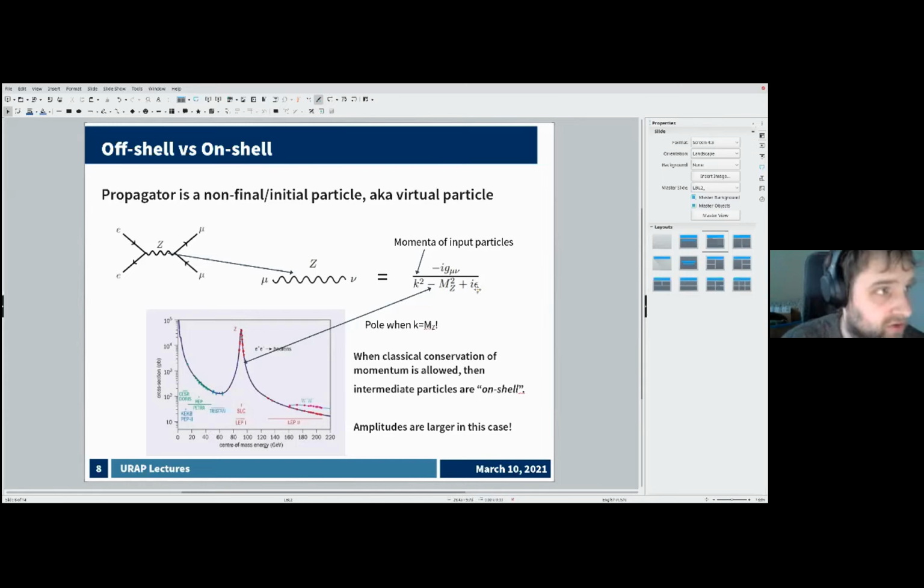So it allows you to actually measure these higher order corrections, which could potentially also point at new physics. And the other thing I wanted to say is that when you're operating your detector in conditions where you're producing events at this peak, you call this virtual particle on shell. And if you're off it, where you're not following energy conservation, you call it off shell.